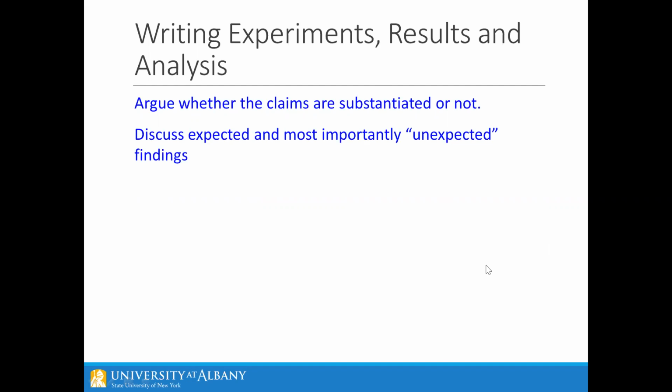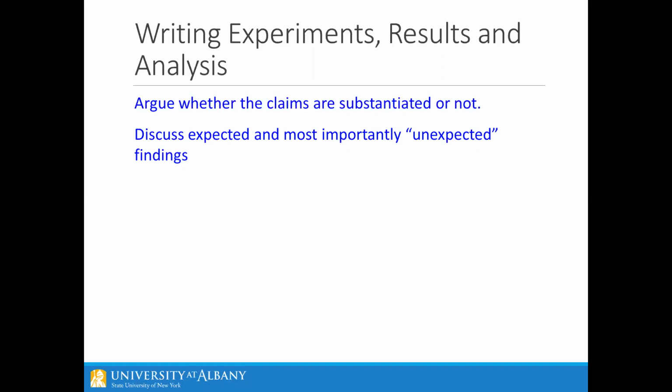Okay, so then next thing is, of course, you need to discuss the expected results, expected findings. So when you present your results in tables and graphs and so on, don't assume that that is sufficient. You need to describe those in text, and you need to refer to specific figures and tables when you're describing those. So that means you need to discuss results.